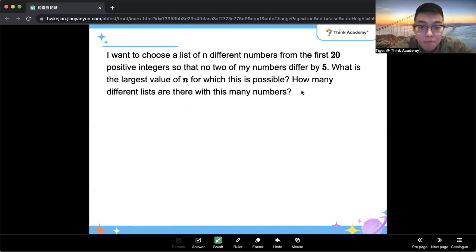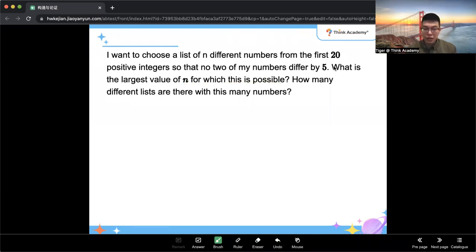Okay, so none of the two numbers that I'm choosing is having a difference of 5. What is the largest value of n for which this is possible? So you can see that this first part of it is the construction part.